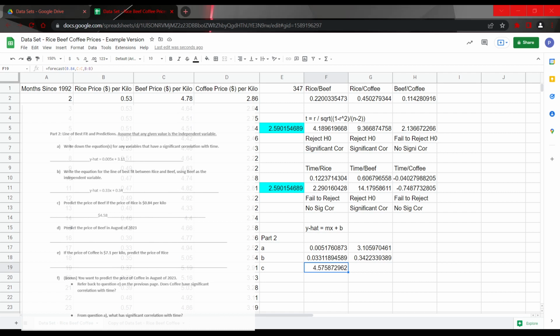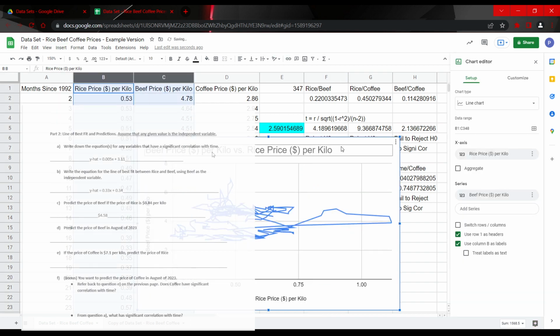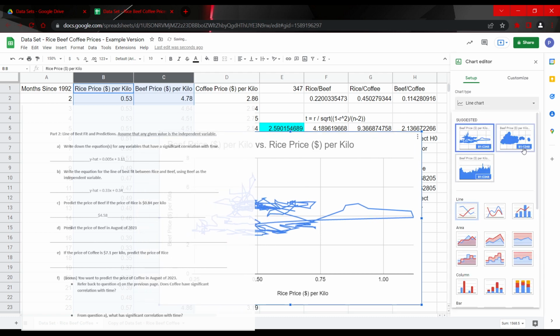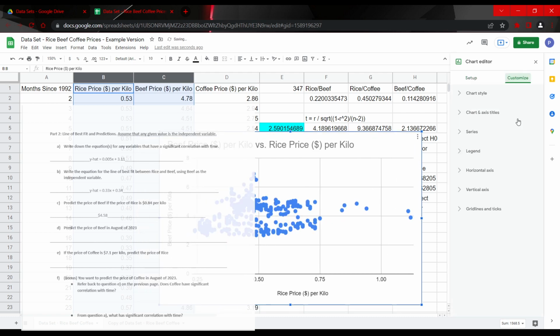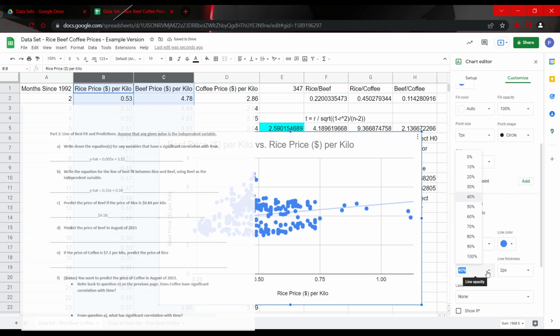A way you can double check this if this feels off is to insert a scatter plot. Let me insert a scatter plot, and I'm going to have a trend line. Let me make sure that this line is visible. Let's use red, and make it a bit thicker.